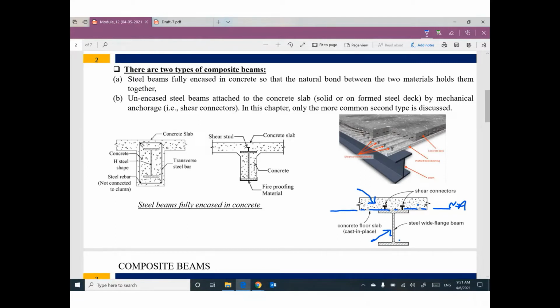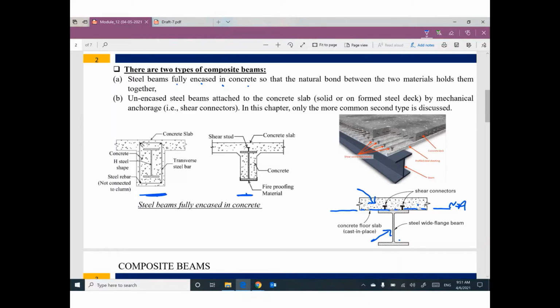Sometimes, for me, I don't prefer it. Sometimes we have steel beams fully encased in concrete, like this one or like this one.